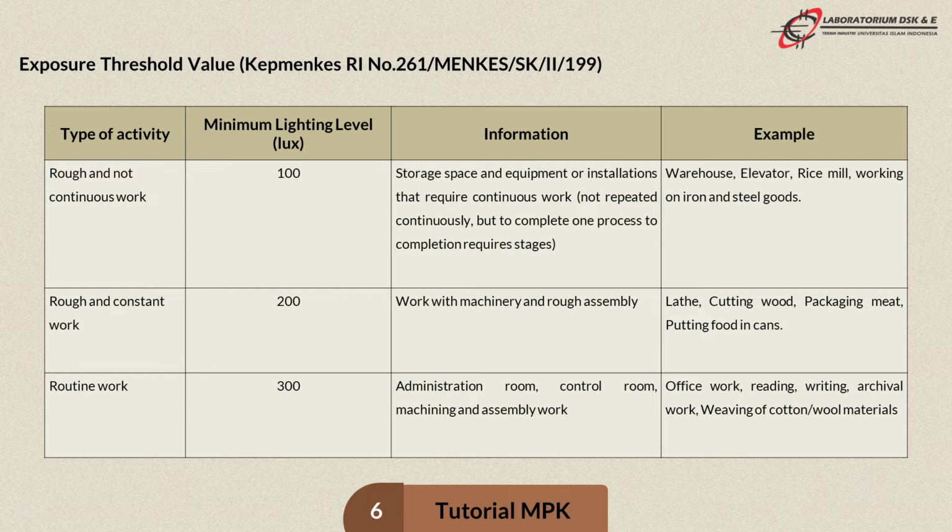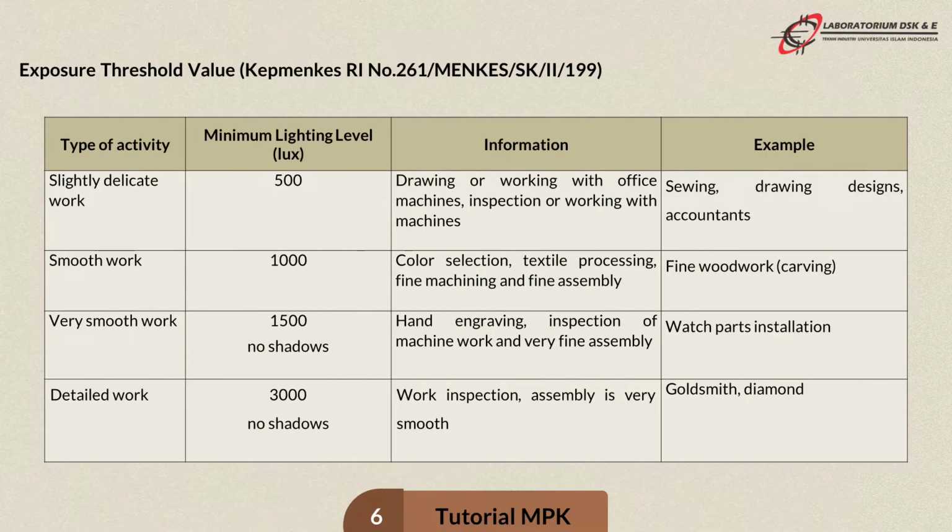For groundwork and not constant activities, the minimum level of light is 100, and for groundwork and continuous, the minimum level of light is 200. For routine work, the minimum level of light is 300, and then for fairly smooth work, the minimum level of light is 500.